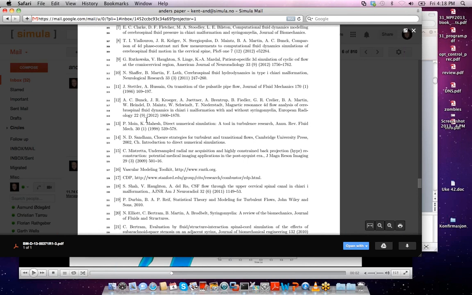So it doesn't introduce any extra dissipation. Typical schemes that you would use, like semi-implicit schemes or something like that, would introduce diffusion. But other than that, the handling of the convective part is a standard incremental pressure correction scheme.